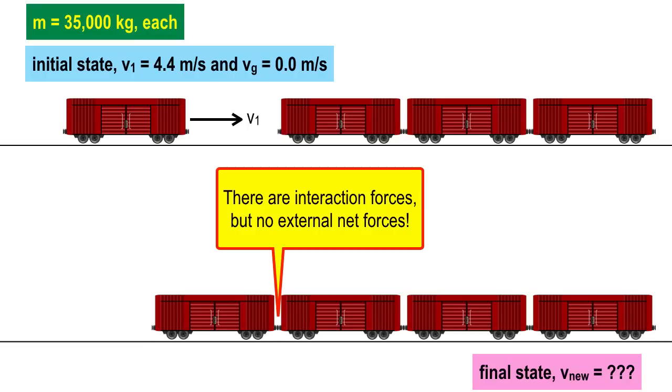Now let me ask you a question. I want you to think. Box car number one is going to get some delta P. He's going to have a force acting over time. He's going to get some impulse.